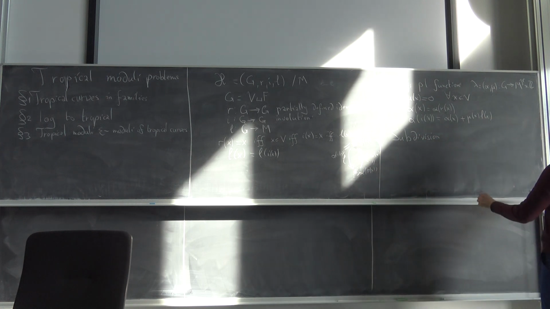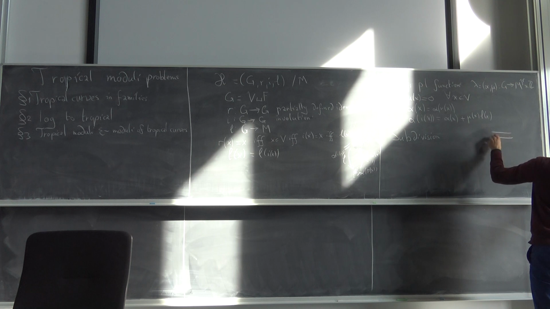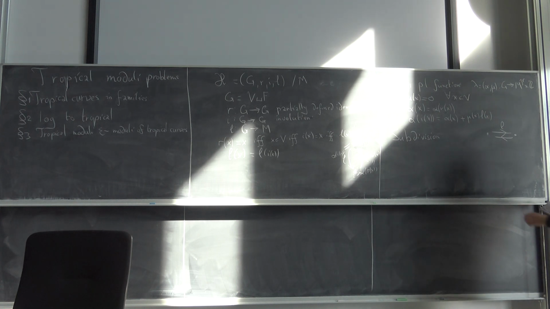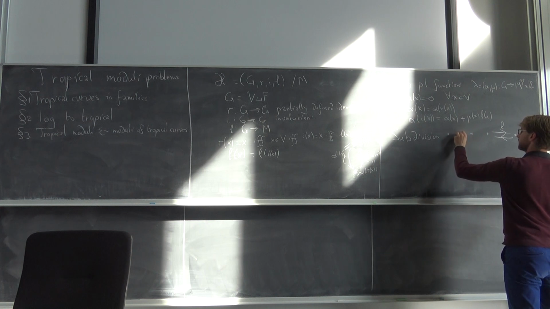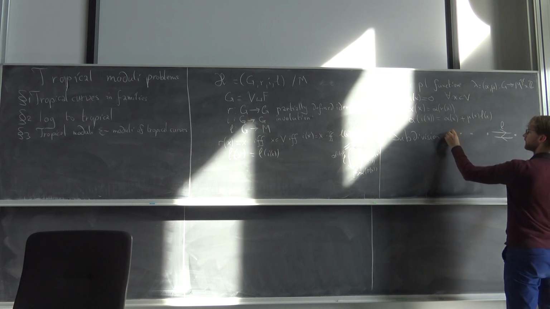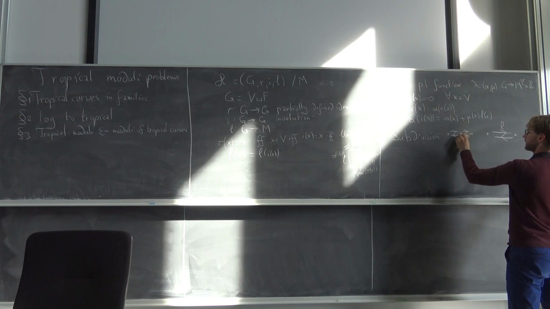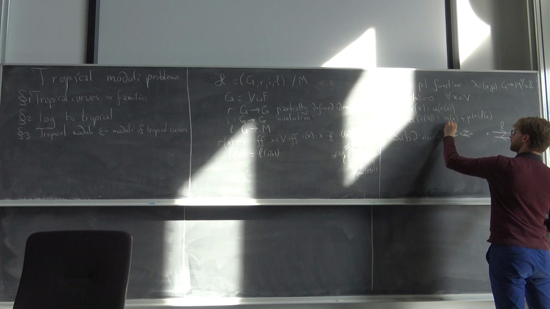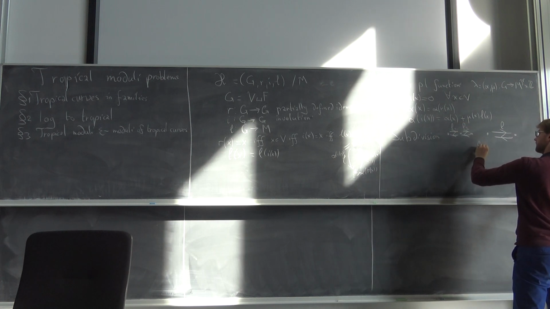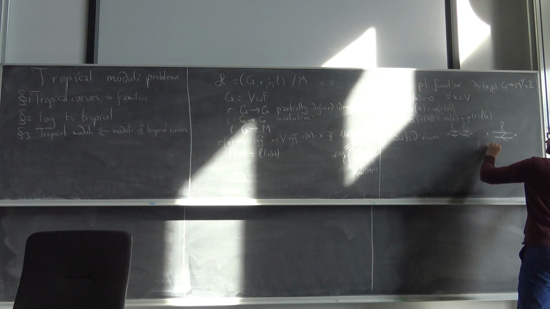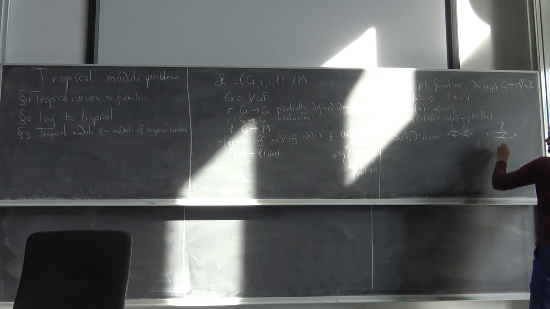Suppose we have, I'm just going to draw it, an edge of length L. What we can do is subdivide it: we find a point somewhere in the middle, make another edge here, one here, and give those two different lengths, such that L1 plus L2 equals L.